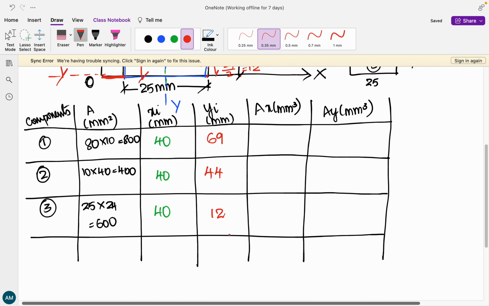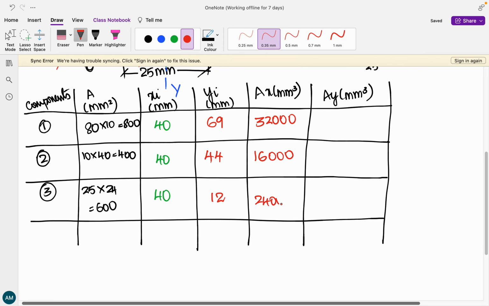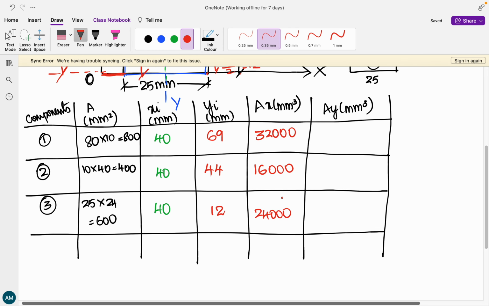Now let us fill in a into x. The first one is going to be 800 into 40, which is 32 followed by 3 zeros. The next one is 400 into 40. Now let us fill in a into y.